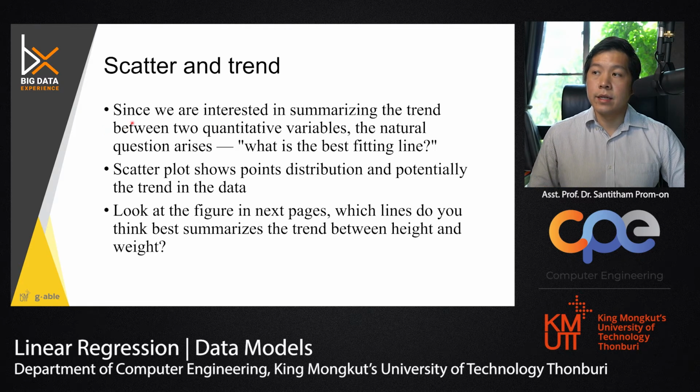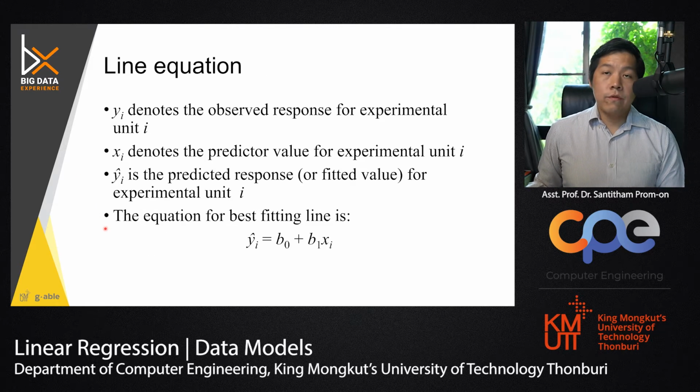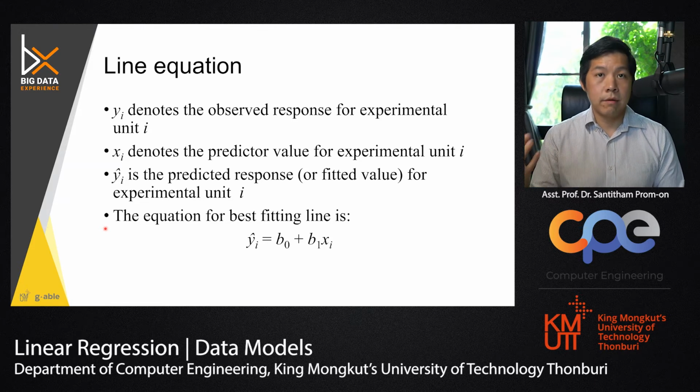We are interested in summarizing the trends between the two variables. That means we are looking for lines between them. Right? A scatter plot will show you the distribution and the trends. And we want to find the baseline. The baseline comes from the base parameters of the line equation, this b0 plus b1x. Or in other words, the equation that you learned, y equals mx plus b.